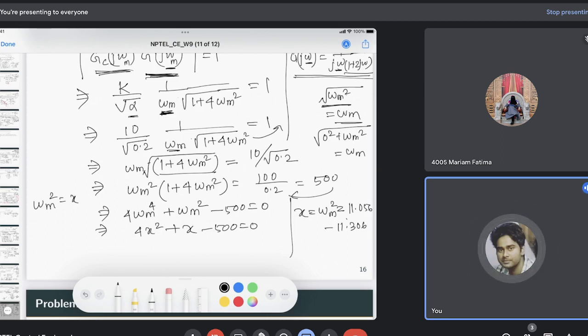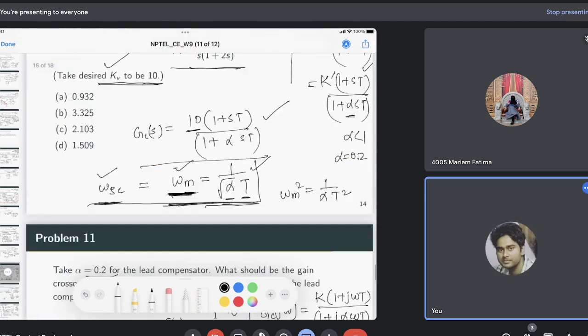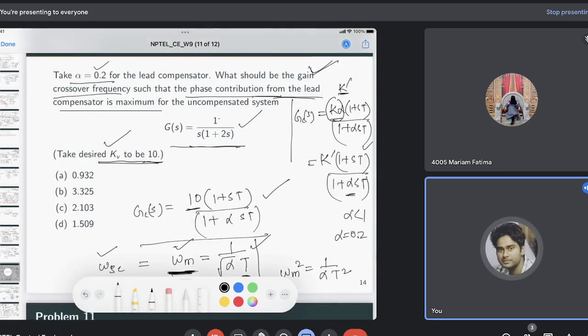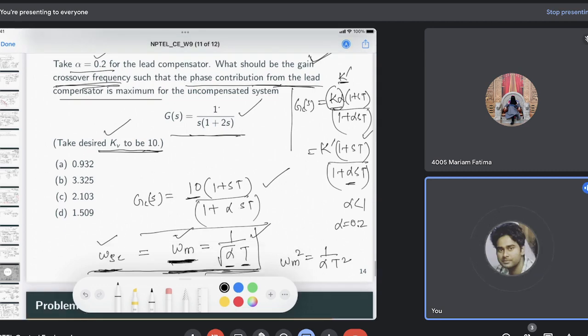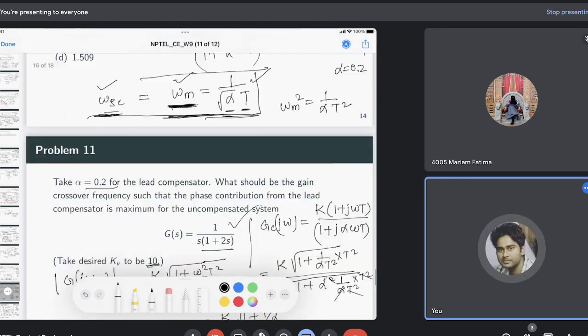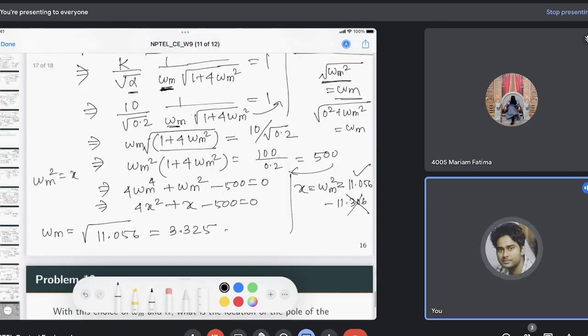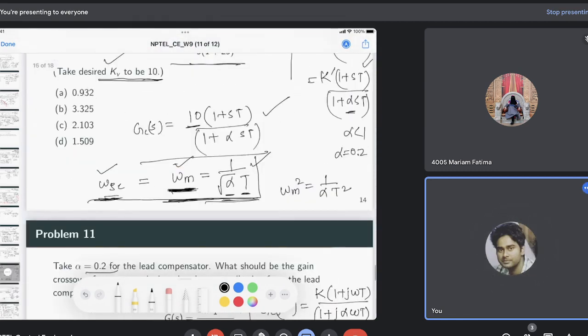Again we will discard the negative number and take the positive one, and the square root of that gives omega m, which is square root of 11.056, so it will come to 3.325. As I said earlier, we want the frequency at which this compensator gives the maximum phase contribution to be the gain crossover frequency. So we take omega gc equal to omega m, that is the gain crossover frequency, and we find that this is the answer.